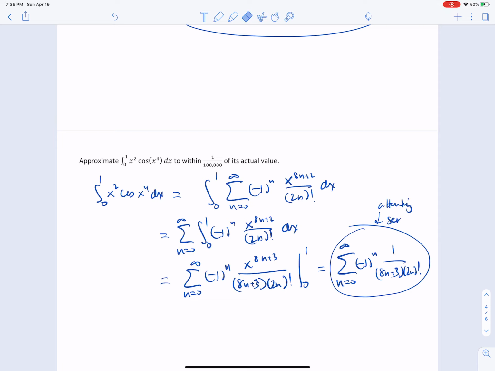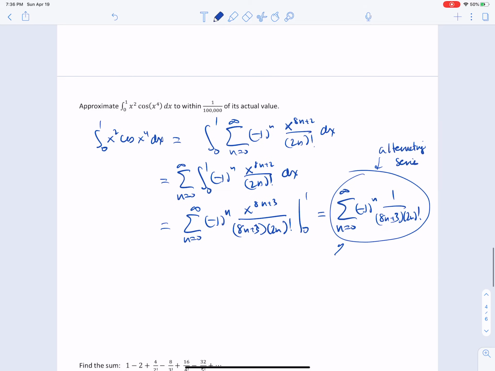I can write that a little bit better. It's an alternating series, and so I'm going to be applying the alternating series remainder estimate to approximate this.